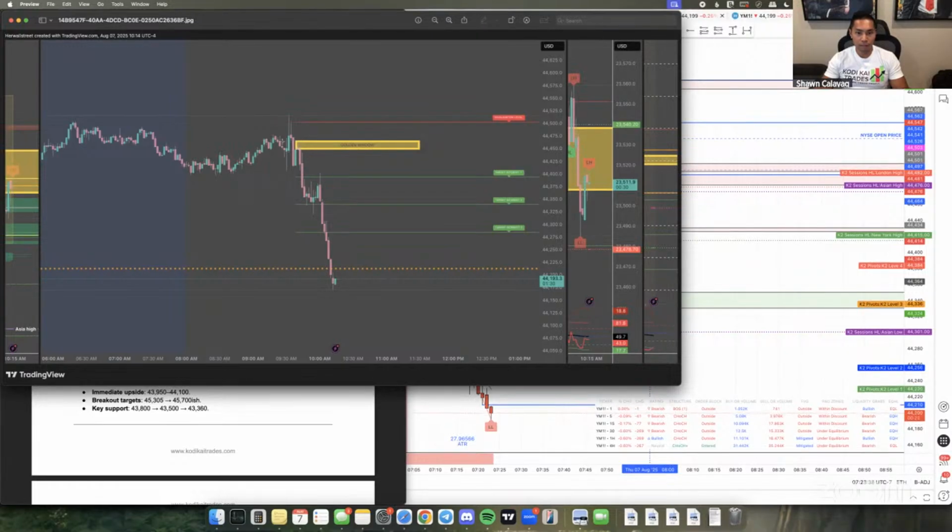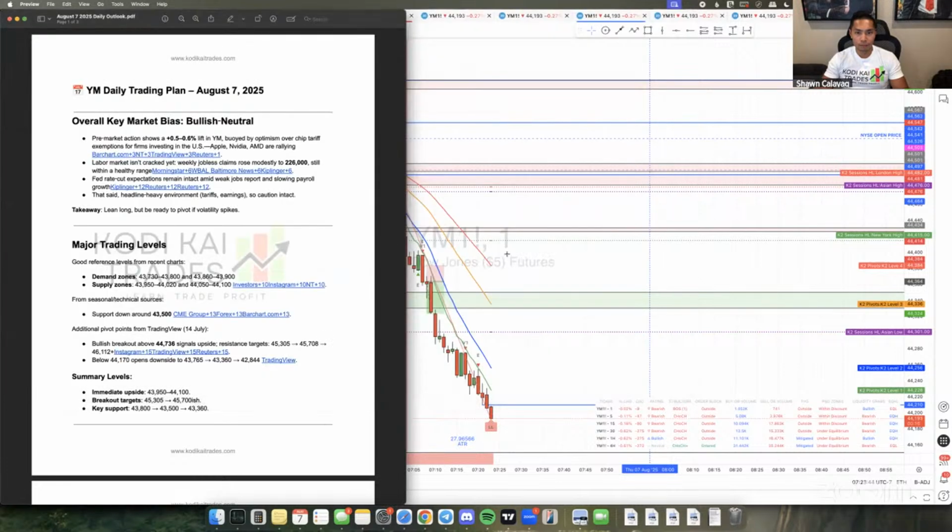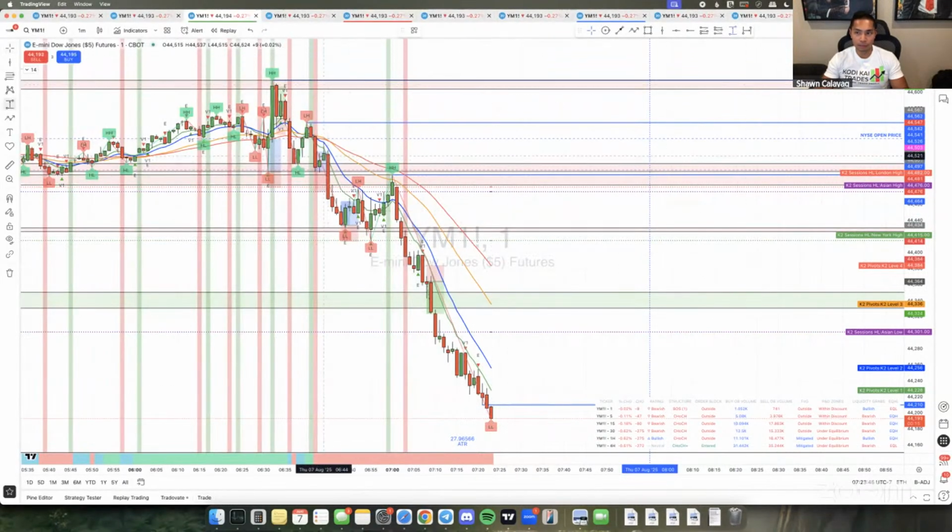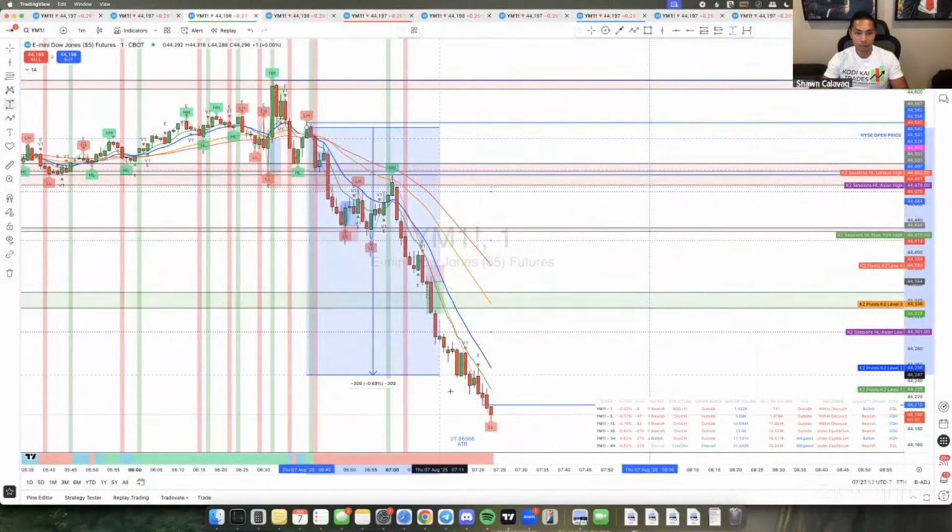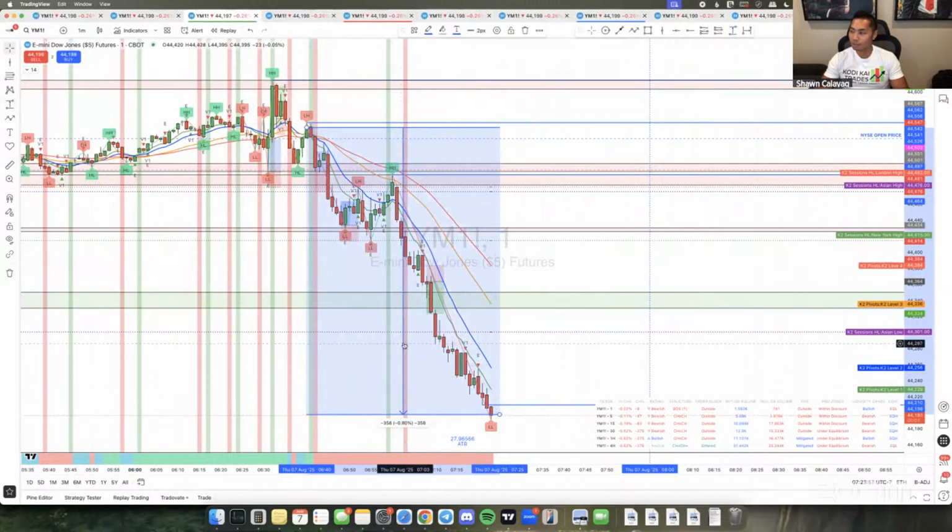The price invalidated and it came all the way down. It's a crazy move. Let's see, 940. So that's a ton of points right there. You got in at 940, which is like right here. It's almost a 400 point move right there. Nice work, Rashida. It's a crazy drop.